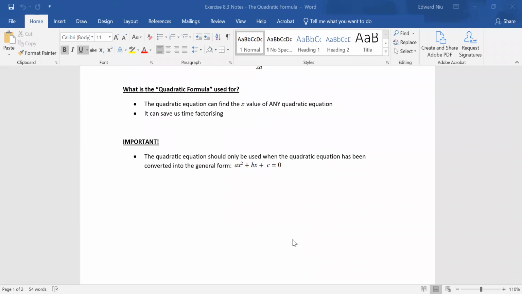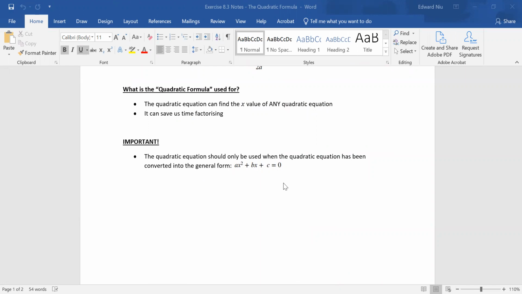So as we said earlier, what is the quadratic formula used for? It can save us time finding the factors of the constant, and you can use it really anytime. It's really useful when we have an irrational number for the value of x, or an answer in decimals.